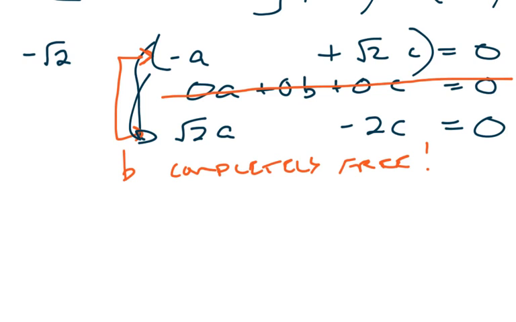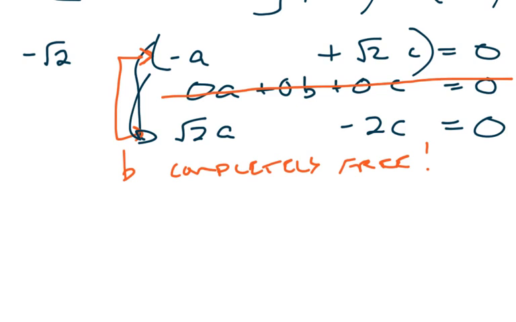So this is actually a redundant system. Even beyond that middle equation just completely disappearing and B being completely free, the resulting system of two equations and two unknowns is even further redundant. It's got redundancy built into it. So what this means is that we're going to have 2 degrees of freedom here. B is free, and then one of A or C will be free, depending on how we arrange it.